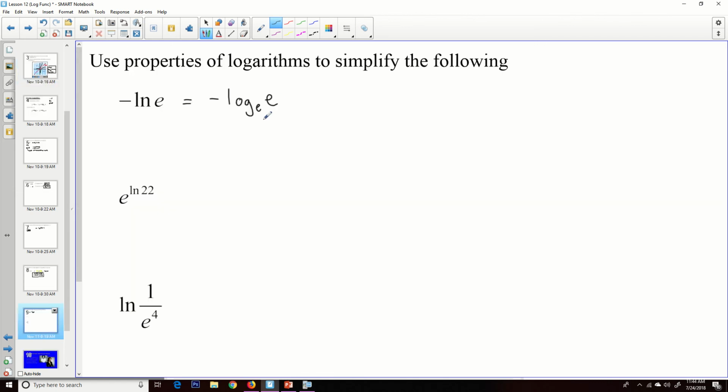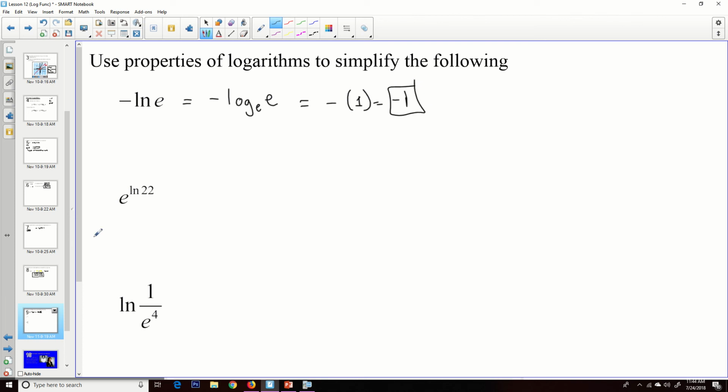I picked this one especially because ln of e equaling 1 is going to save us a lot of work as we move forward. You don't have to necessarily do all of the steps, but just to be clear, I have the negative out front that was still there. Log base e of e we know to be 1, and so this thing ends up just being negative 1.